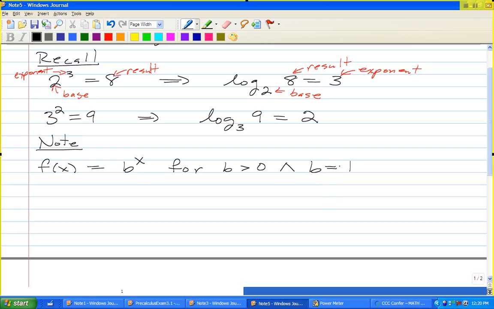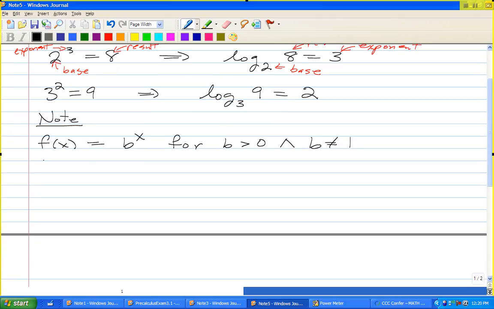And if the base is between 0 and 1, then it's always decreasing, so it's yet again injective. And so this is an injective function.